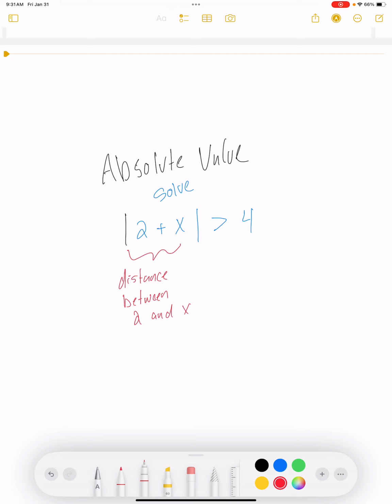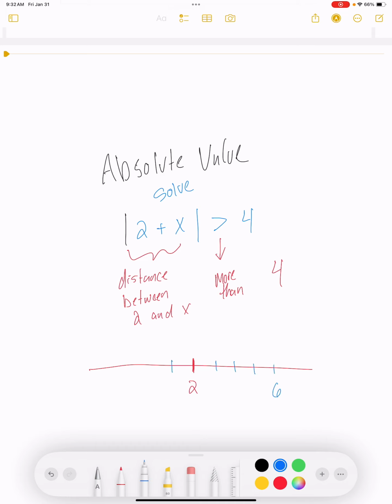So the distance between 2 and x, and this, right, this says is more than, right? That's greater than, it means it's more than 4. So a number line is your friend here. 2, right? The distance between 2 and x is more than 4. So if I go up 1, 2, 3, 4, then I'm at 6.